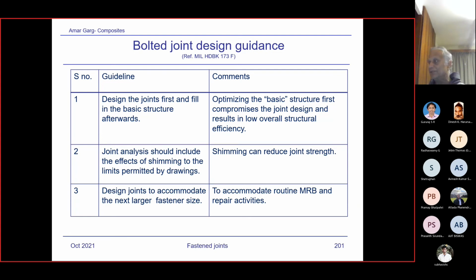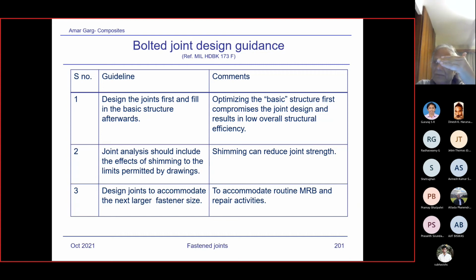However, in practice, when the manufacturing is done, sometimes the ribs to skin may not be fitting together easily. So they might have to put the shim. Shim degrades the joints, as I said.